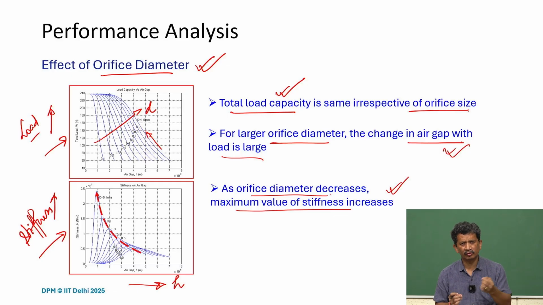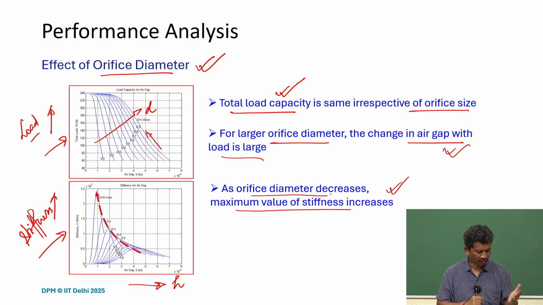It can be the orifice itself, or we can also assume a kind of area allowing the flow on the bearing surface. That is also acting as a restrictor, and that's the reason that when there is a load, the air gap is getting reduced.